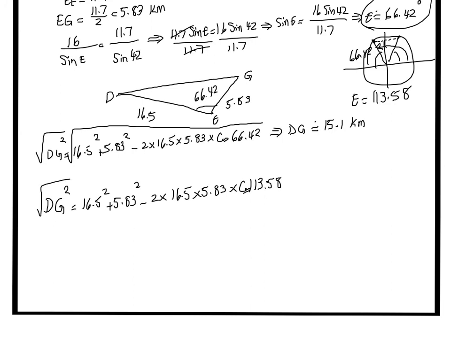If we take the square root of both sides and use the calculator, we get the value for DG is approximately 19.5 kilometers.